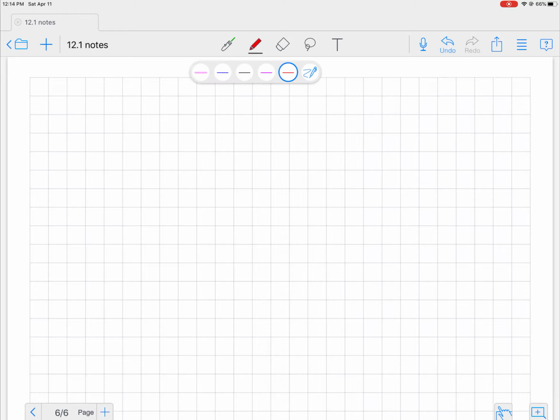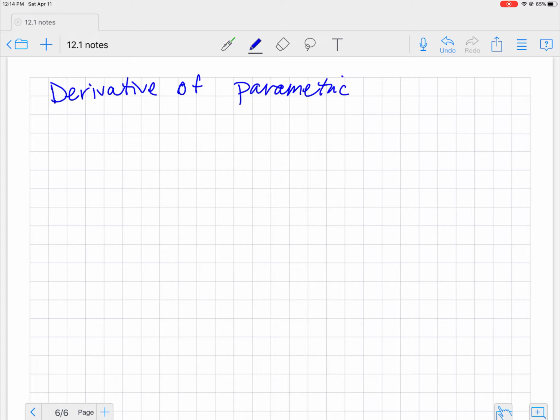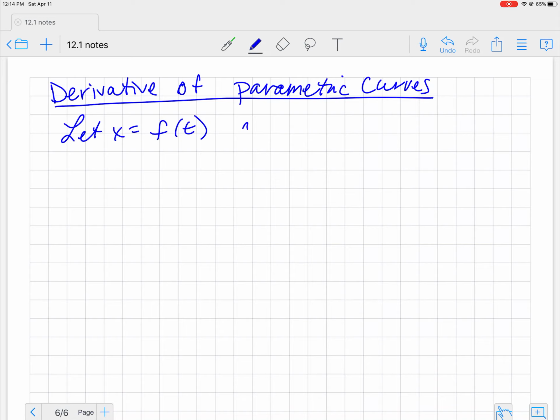Now, we've done lots with parametric equations. Let's take a little derivative. Derivatives here of our parametric curves. I'm going to let x equal f of t and y equals g of t. These are just my parametric equations. You know that x is a function of t and y is a function of t.